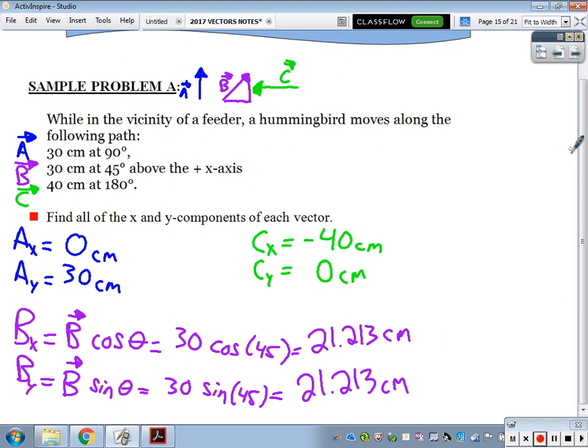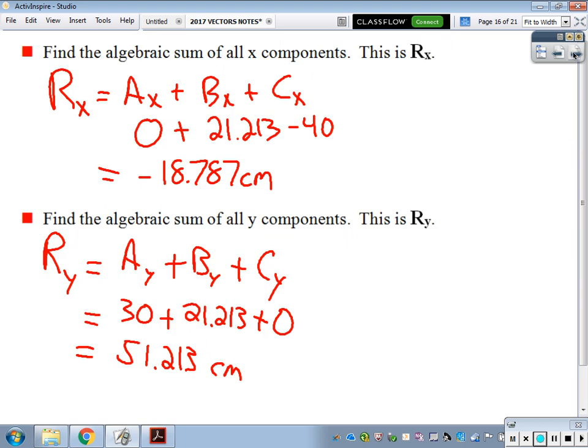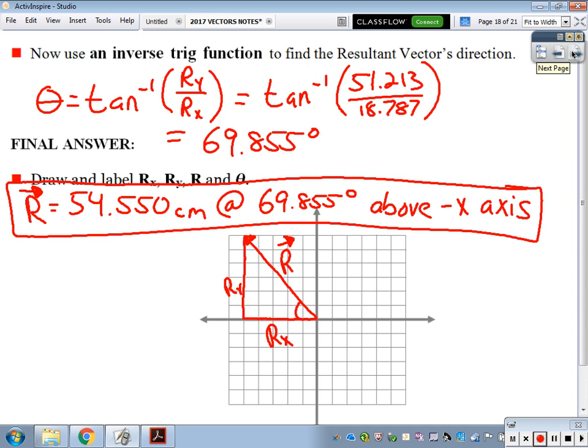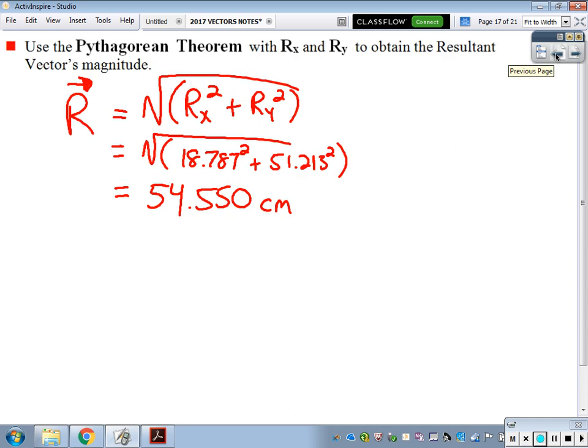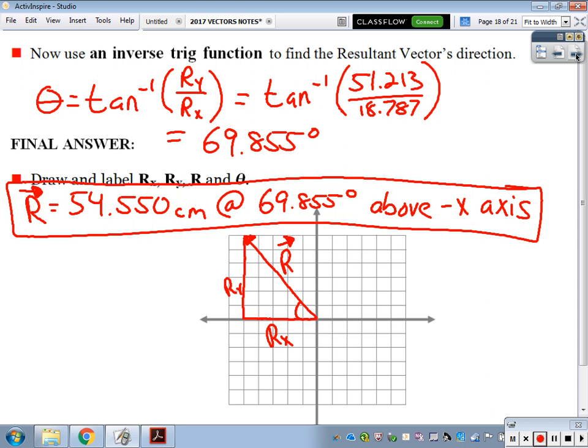Now, if they're all at odd angles, then we have to do for every single one cosine theta, sine theta to figure out what they're going to be. If they're parallel to an axis, it does make our life a little easier. Then we need to find Rx and Ry by summing up all the x components, summing up all the y components. I'd highly suggest once you get that, draw the correct diagram so you have a good visual to reference. Pythagorean theorem, inverse tangent, and then our final answer statement.